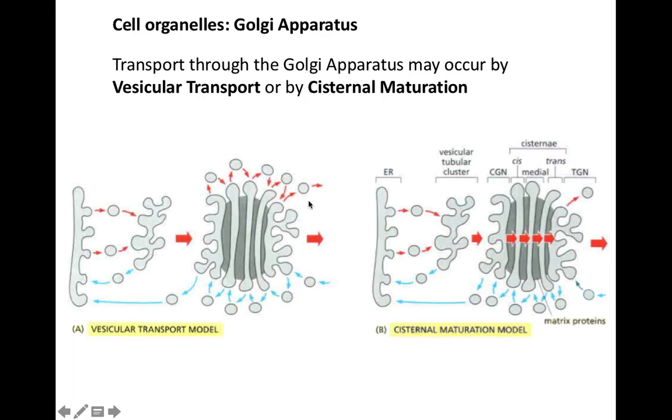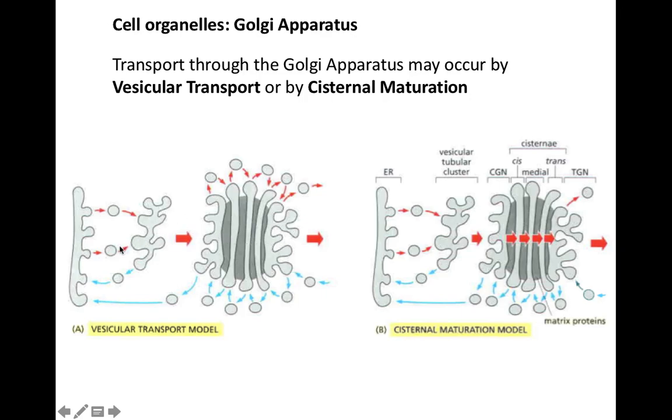During this process, some proteins can also be transported back towards the previous cisternae. The reason they move backwards is sometimes they're not properly matured. So the entire maturation process takes place inside the Golgi apparatus.